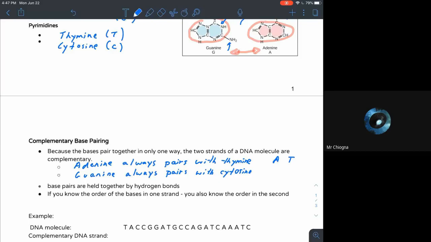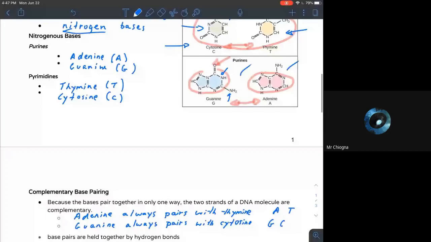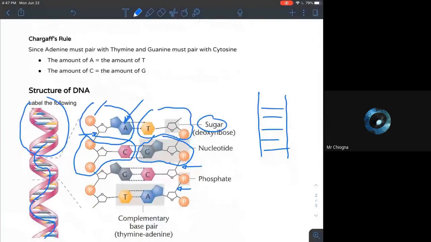Okay, so what are those? These are what we call the base pairs. If you were to look at the DNA, I'm pointing out where they're located, they make up the rungs of the ladder, the steps of the ladder. They always come in certain pairs.